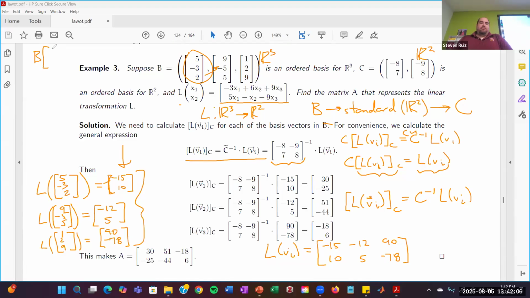matrix. What size is B? 3 by 3? So I want to multiply it by something that yields what? What order should this product be? Because we're going to a standard basis of R2, right?